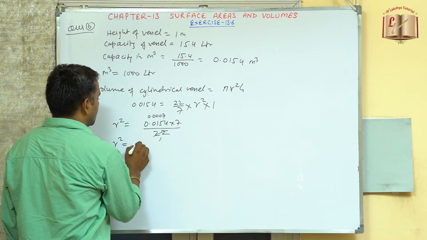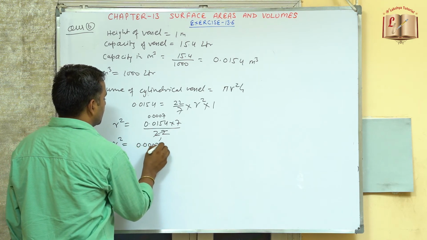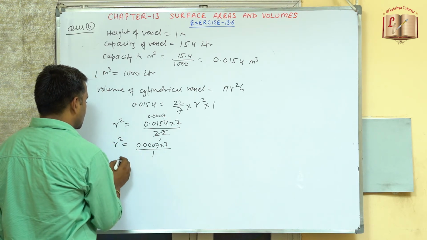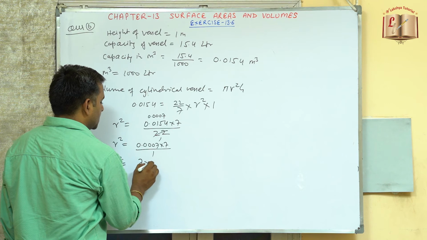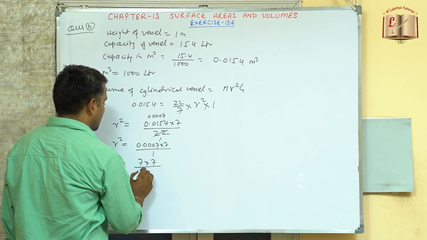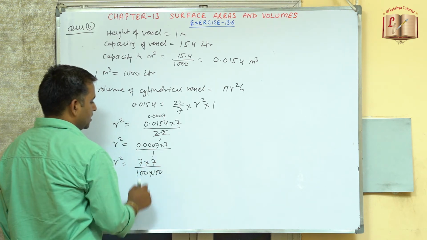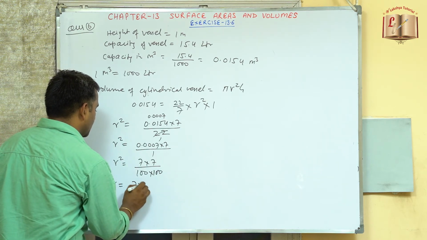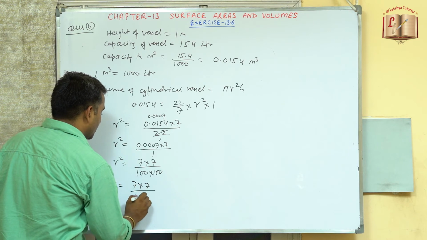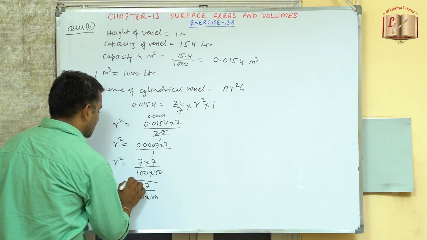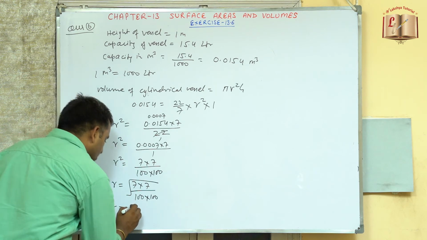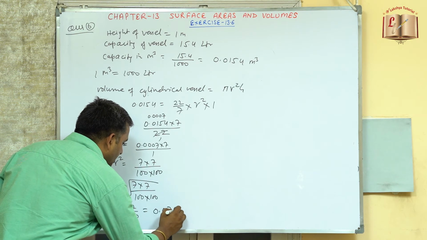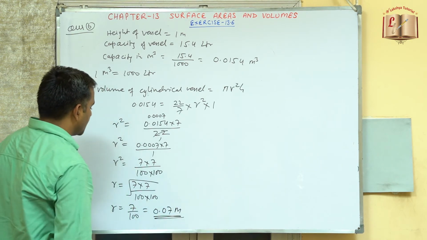So this can be written as 0.0007 into 7 divided by 1, or r square will be equal to 7 into 7 divided by 100 into 100. So r will be equal to 7 by 100, or this will be 0.07 meters. So we got the radius.